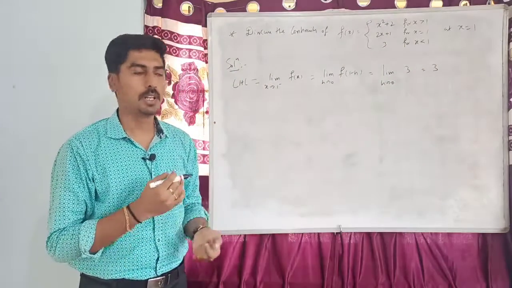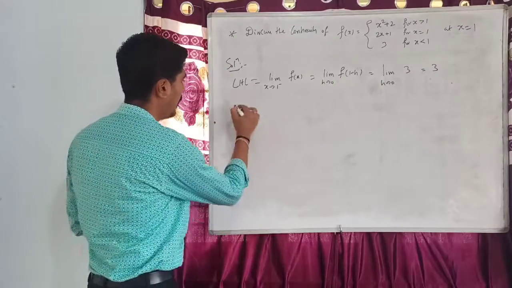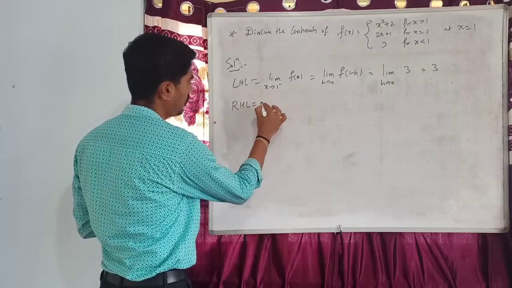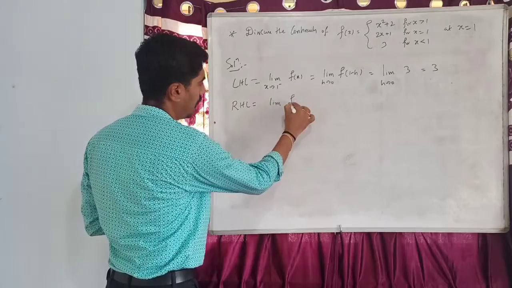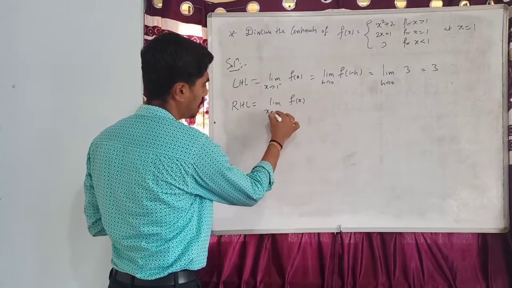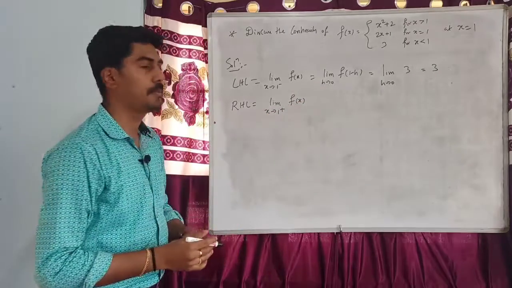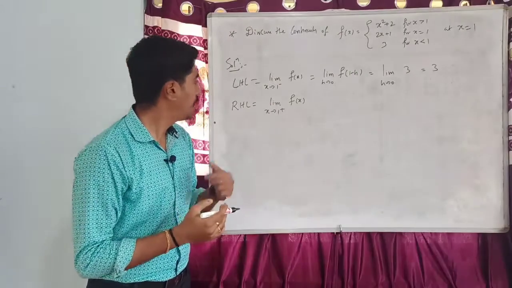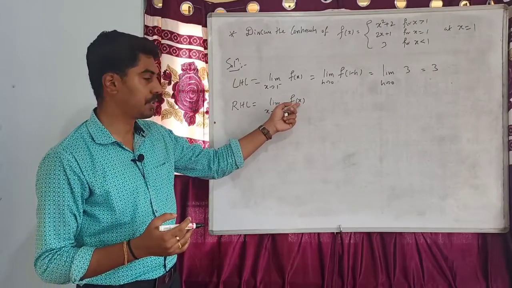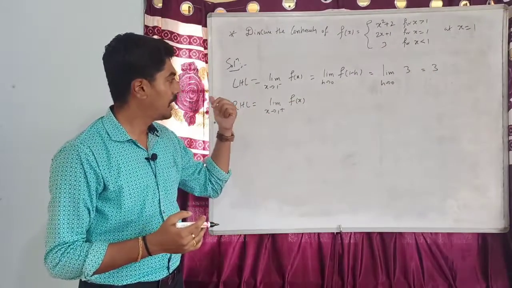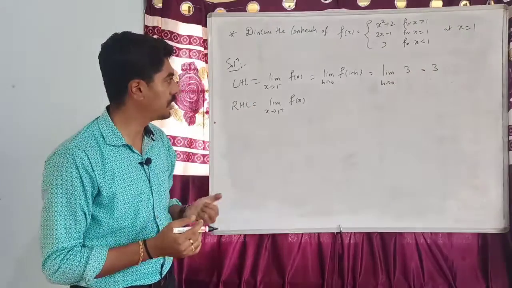Now let us find out the RHL, limit of f of x as x tends to 1 plus. To find out the RHL, I have to substitute x equal to 1 plus h and take the limit as h tends to 0.